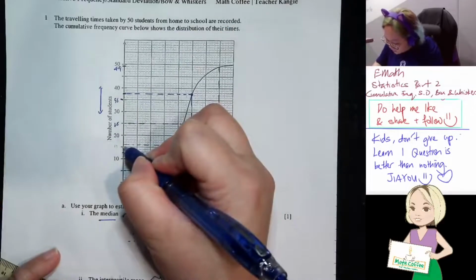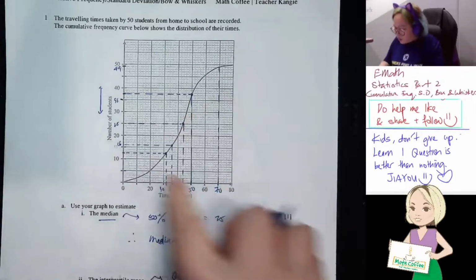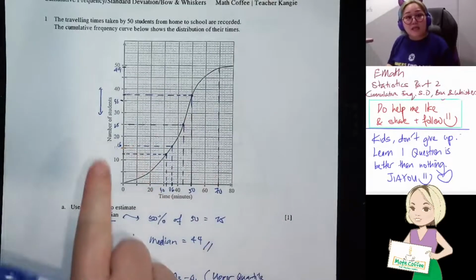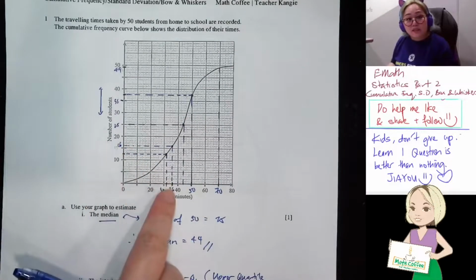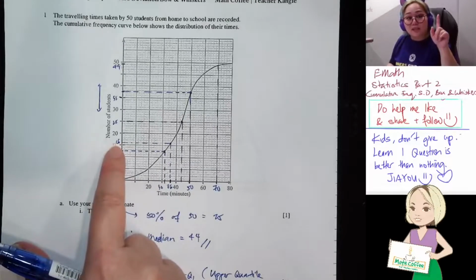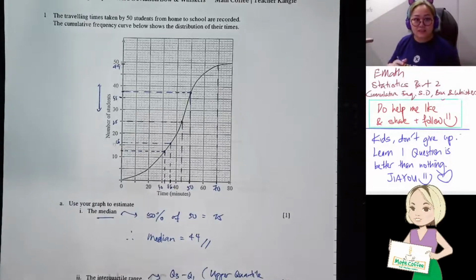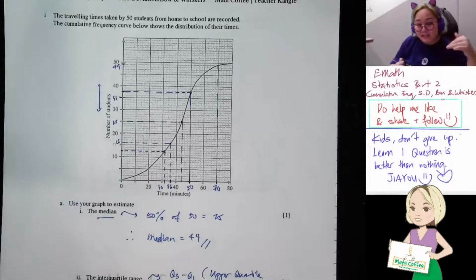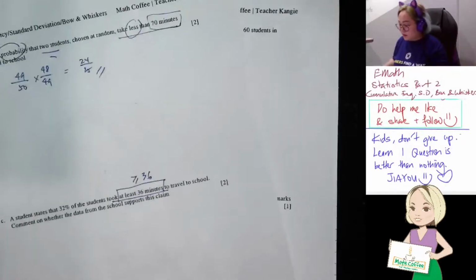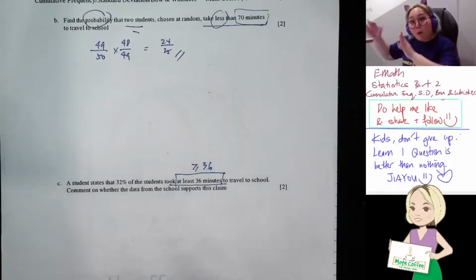Over here, this is 15, this is 16. So be careful, 16 students at 36. This 16 means what? This is 16 students who take less than 36. Less than 36. But they want more than 36.